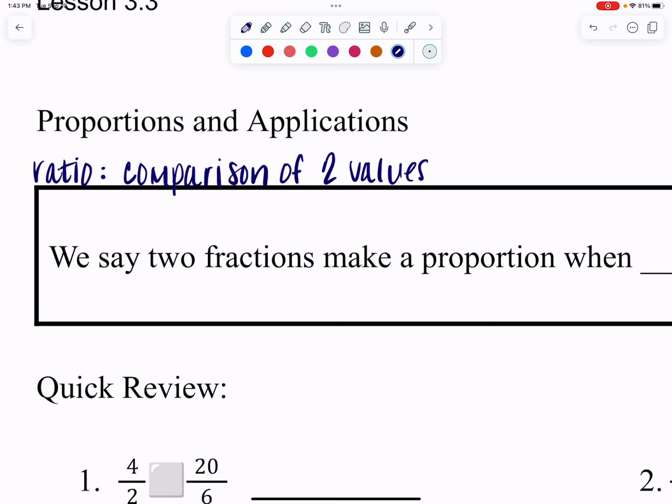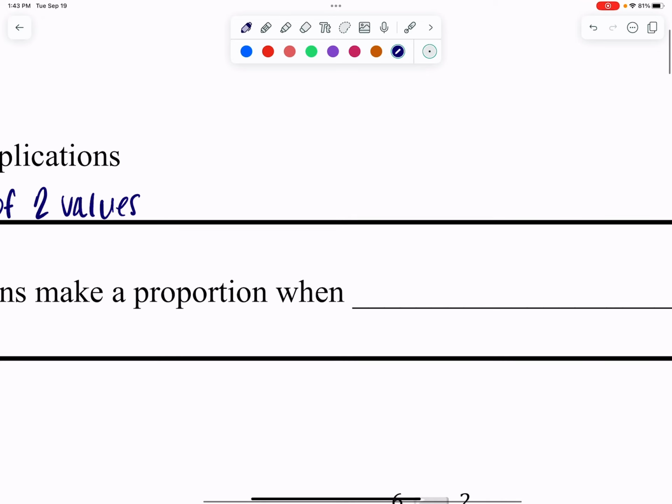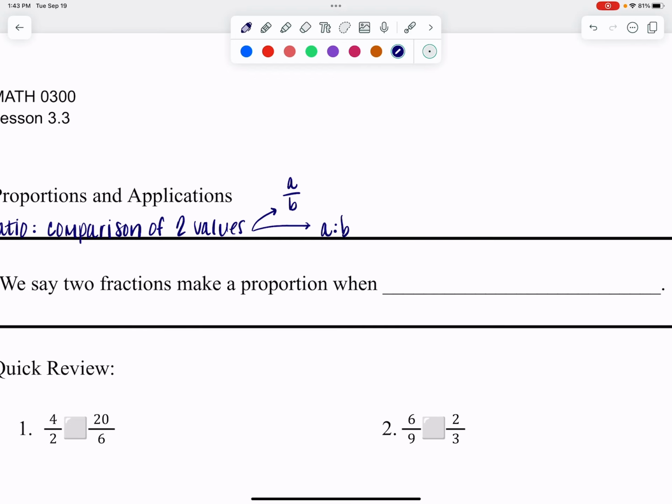If we were comparing them, we made a ratio. So it could have been boys to girls. We could have been comparing cups of raisins to cups of peanuts in trail mix, anything. We also said that ratios could look like a fraction, or you could write it the more traditional way with a colon in the middle. We have, for the most part, chosen to look at the fraction version.